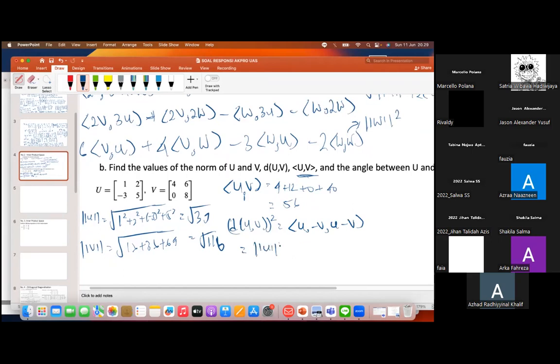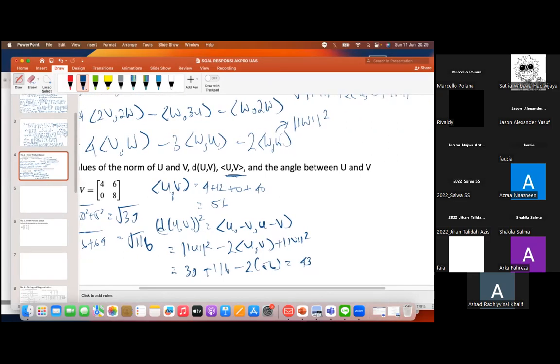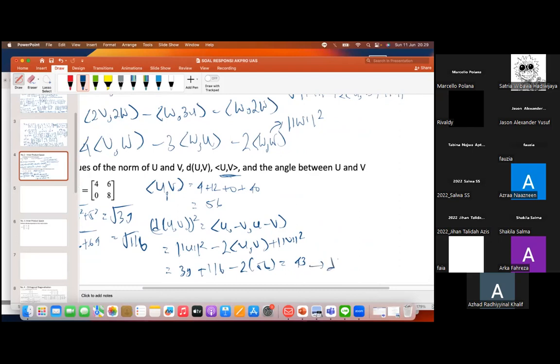So this is u squared minus 2<u,v> plus v squared. So this is 39 plus 116 minus 2 times 56. If you calculate, you're going to get 43. And so d(u,v) is equal to root 43.